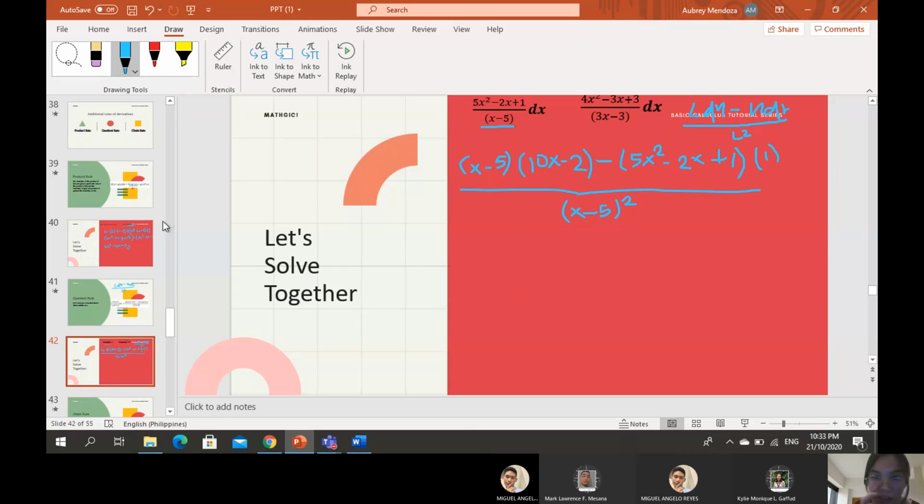As what I said earlier, expanding means multiplying. So x times 10x is equals to 10x squared. X times negative 2 is equals to negative 2x. And then negative 5 times 10x is equals to negative 50x.